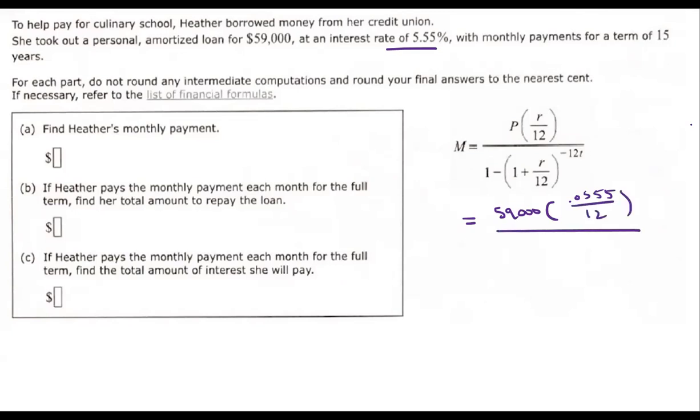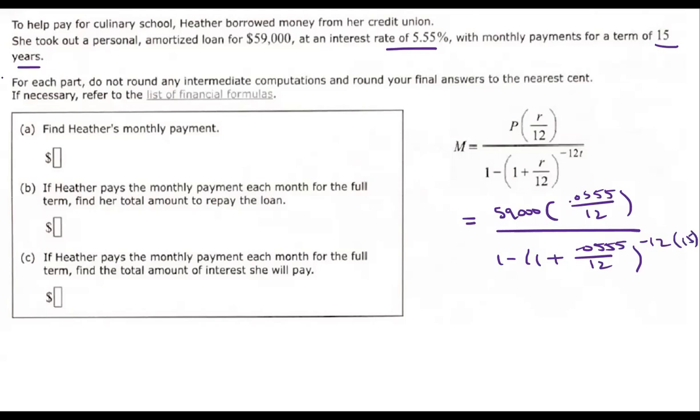That's going to be in our numerator, the top part. The denominator will have 1 minus (1 plus R again, 0.0555 divided by 12), and then raise that to negative 12 times t. In this case, we want 15 years, so we're going to multiply by 15.